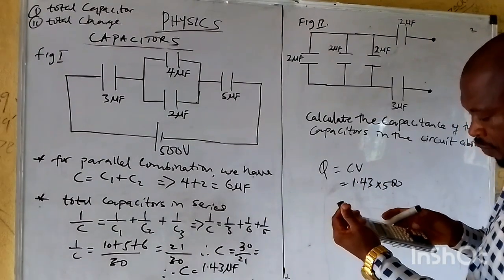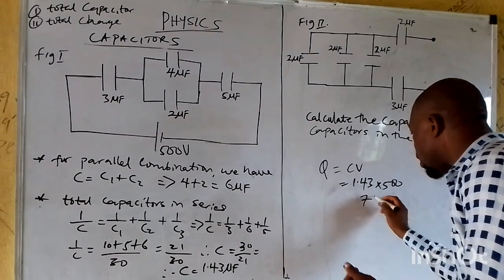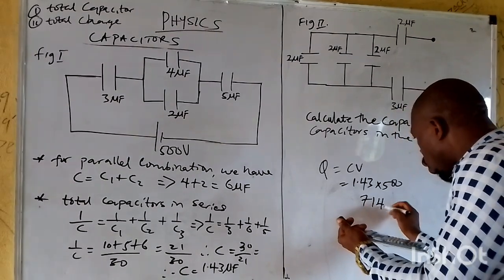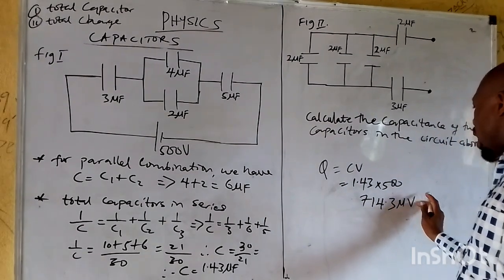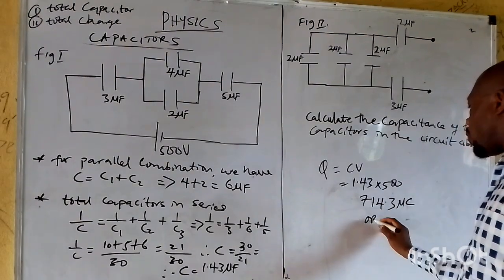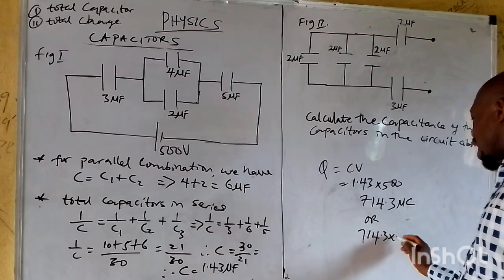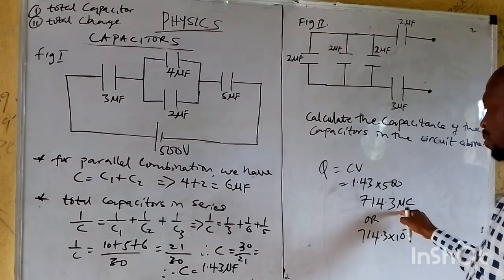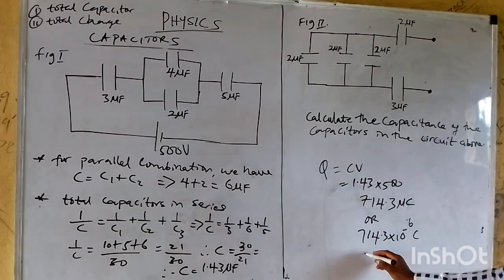Everything will now give us 714.3 microcoulombs, because this is micro. Or we can have 714.3 times 10 raised to the power minus 6 coulomb.